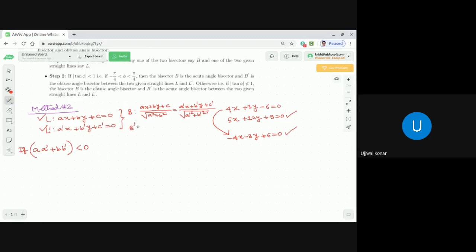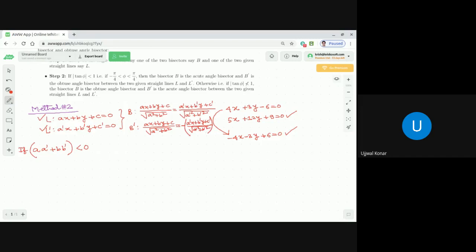And b dash will be ax plus by plus c divided by square root of a square plus b square is equal to minus of a dash x plus b dash y plus c dash divided by square root of a dash square plus b dash square. Correct? So these are the two equations of the bisectors.